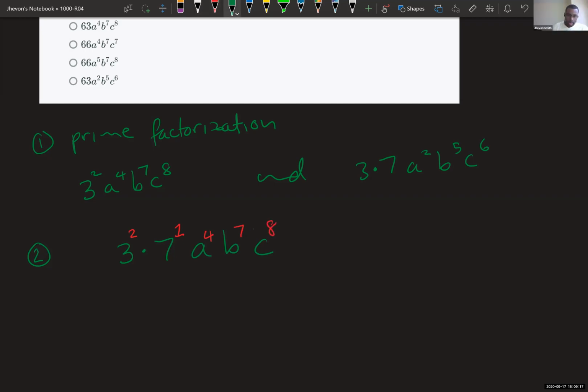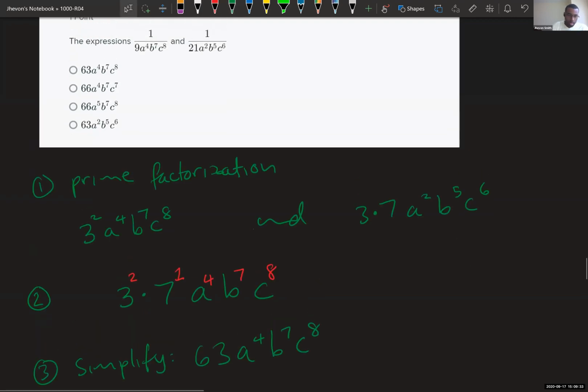Now I'm just simplifying. 3 squared times 7 is 9 times 7, that's 63. So it's 63 a to the 4th, b to the 7th, c to the 8th. That's A.